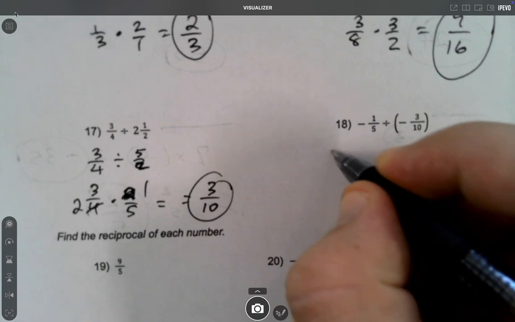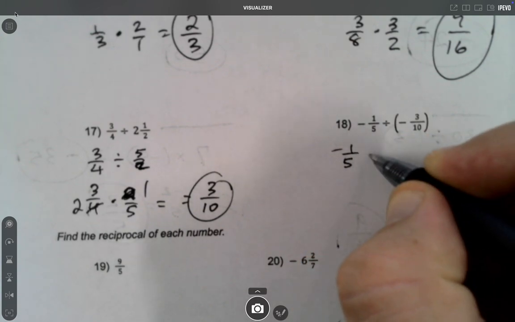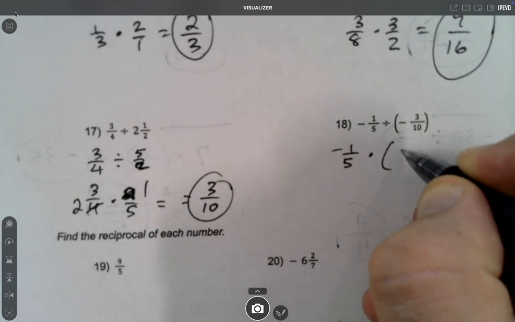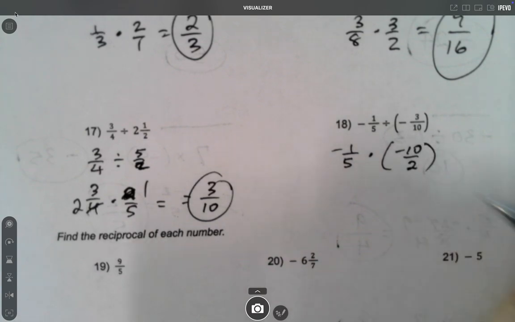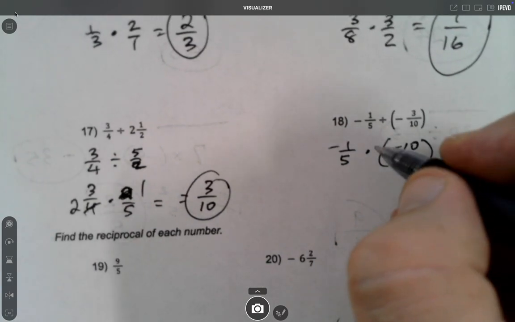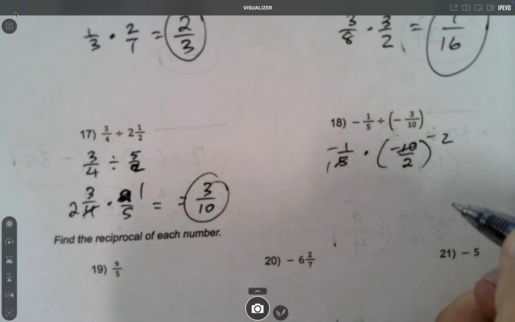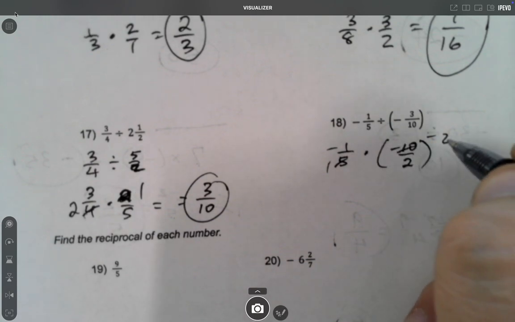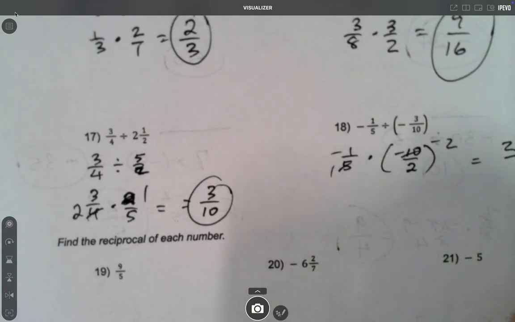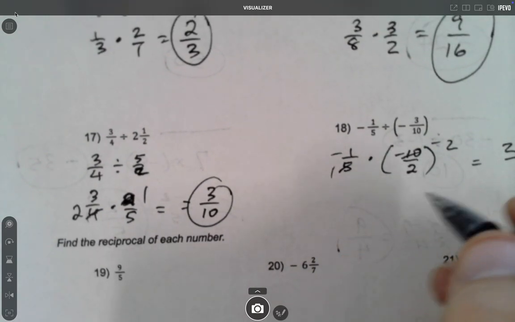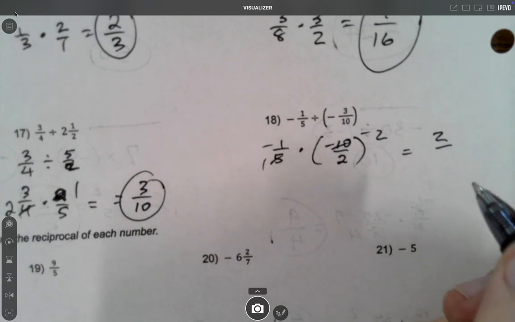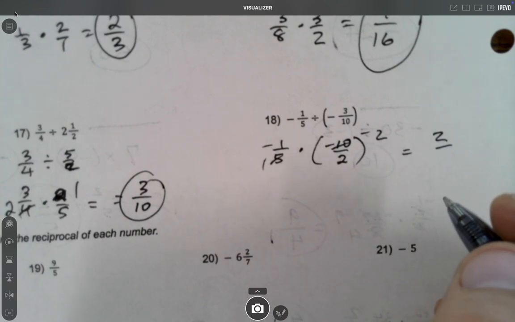Okay, on this one we're also dividing, so we'll keep the first one the way it is, change it to multiplication, and flip it upside down to make it 10 over 2. Now this will cancel out the 5 on the bottom here, the 10 on the top here. Negative 1 times negative 2 is positive 2. Hold on just a second, I think I made a mistake somewhere.